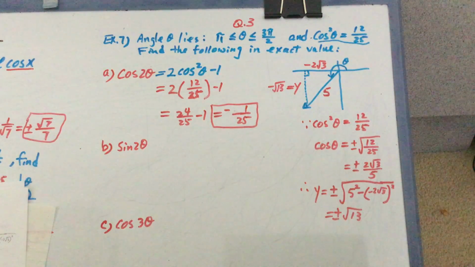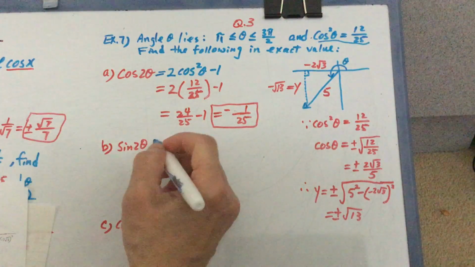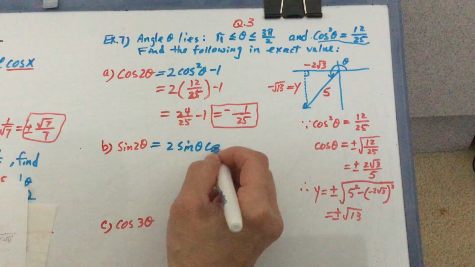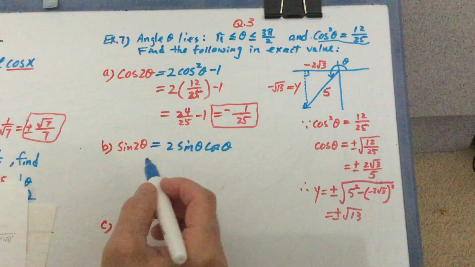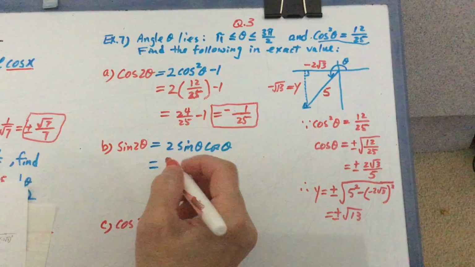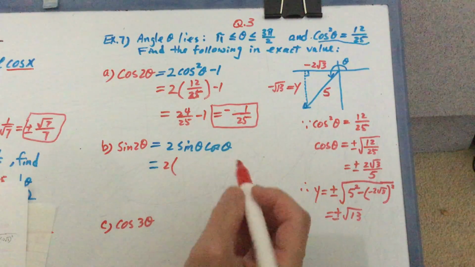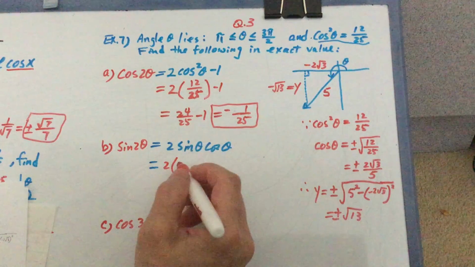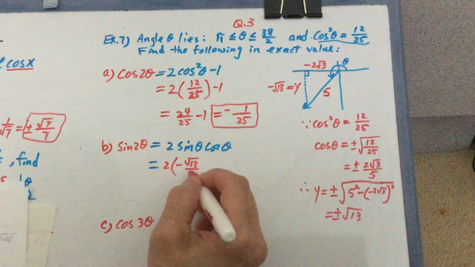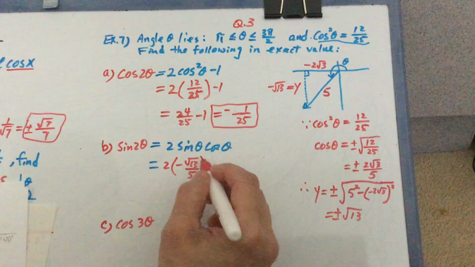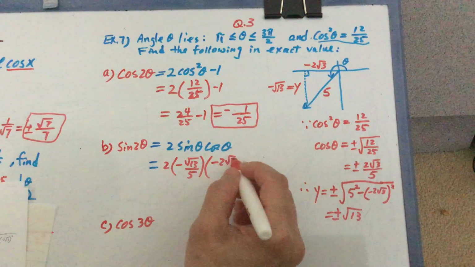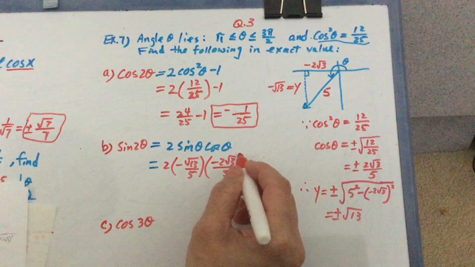For sine 2 theta, we have no choice. There's only one formula, which is equal to 2 sine theta cos theta. So I can quickly work this out to be 2 times the sine. Based on the diagram, I will have a minus root 13 over the hypotenuse 5, and the cos theta is a minus 2 root 3 over the hypotenuse 5.